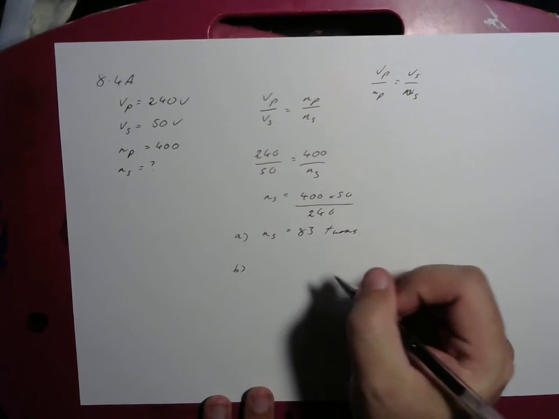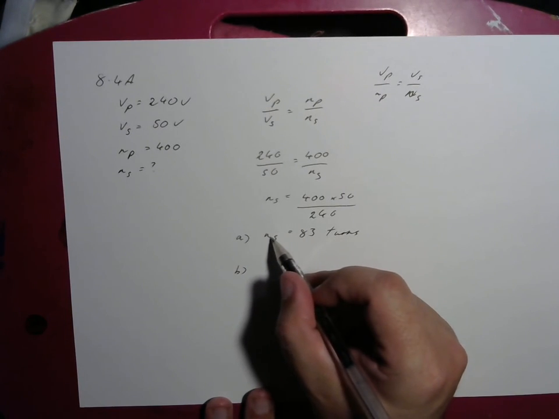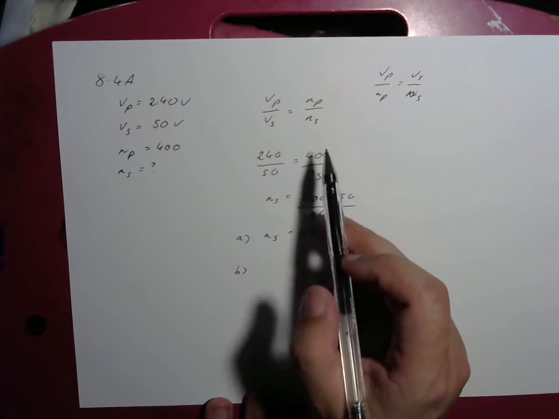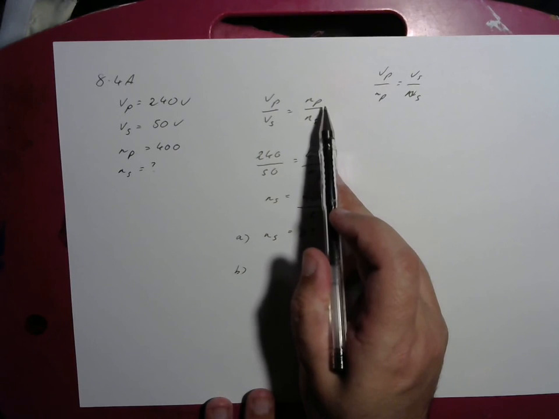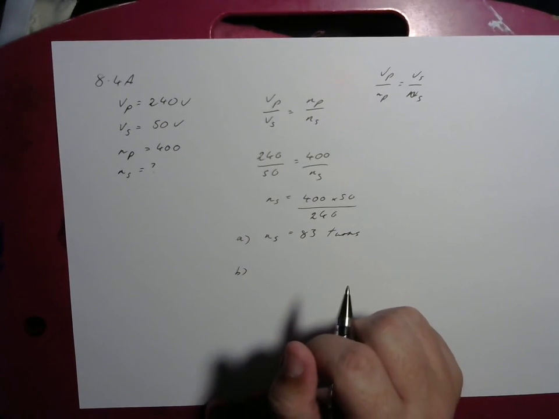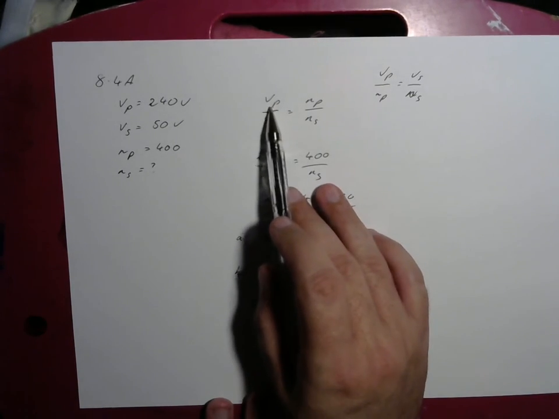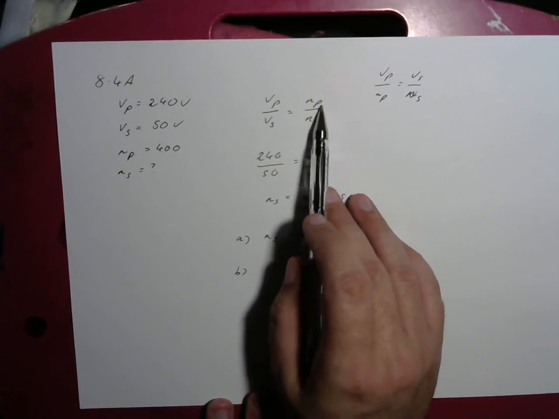Part B was, is this a step up or a step down? So Ns, okay, is less than Np. So 400 divided by 83, that's greater than 1. That means it is a step down transformer. You can also look at the voltage, because the ratio of this will be the same as the ratio of this.